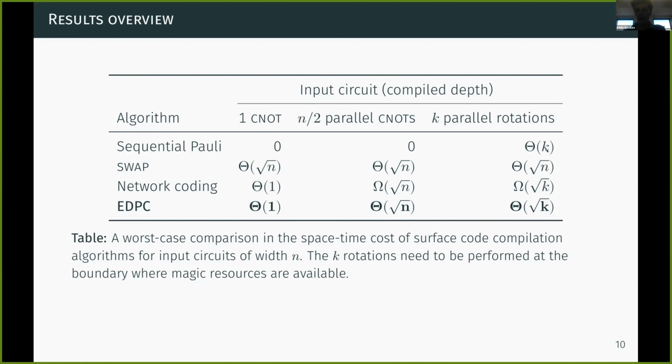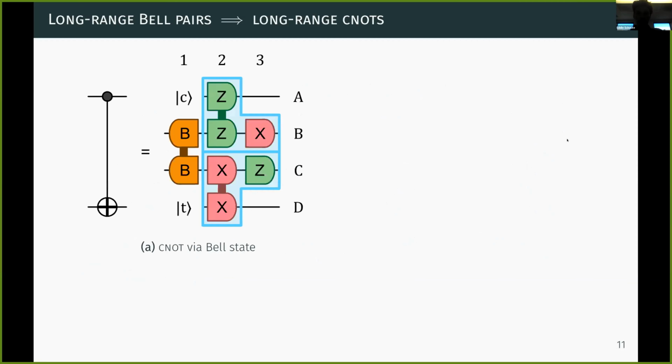And in fact, the depth is lower bounded by order k. And yes, you can scale up or scale down the number of ancillas that you use, but then the space-time cost will stay the same. So in this case, sequential Pauli-based computation, we believe, still gives the right characterization. All right, so let's see some of the details.